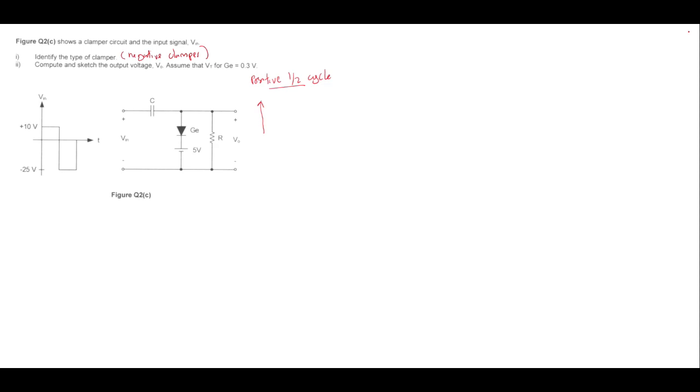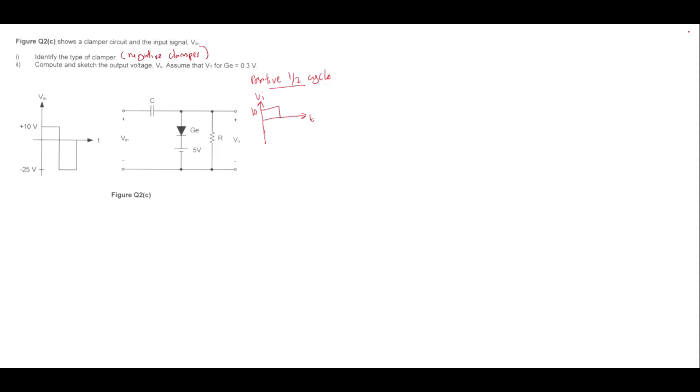For the negative clamper, we need to consider the positive half cycle first, followed by the negative half cycle. Kalau untuk yang positive clamper tadi, we consider the negative half cycle first, followed by the positive half cycle. Right, so here the input voltage is 10 volt. This one is Vi, this one is T. So we consider the positive half cycle only.